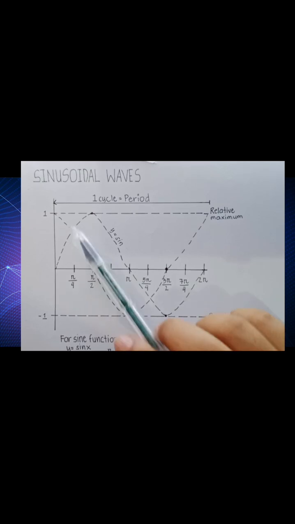So this is the graph of the sinusoidal waves. This line is the y-axis, and the down is the negative, which is the relative minimum, and the upper is the relative maximum.